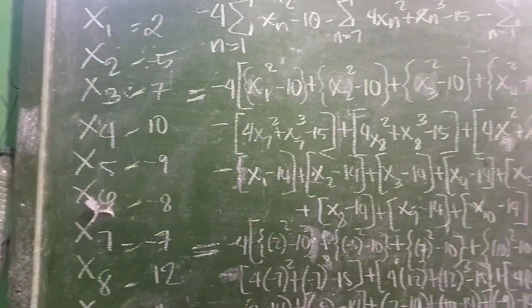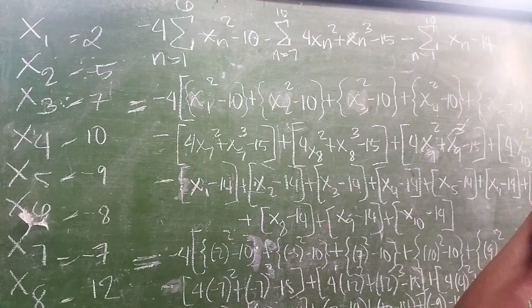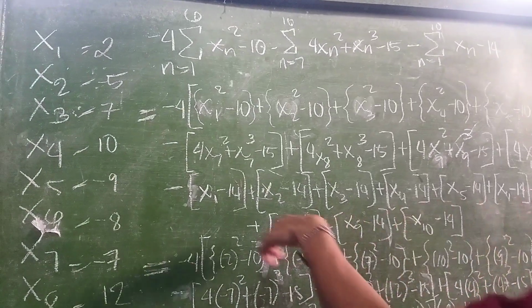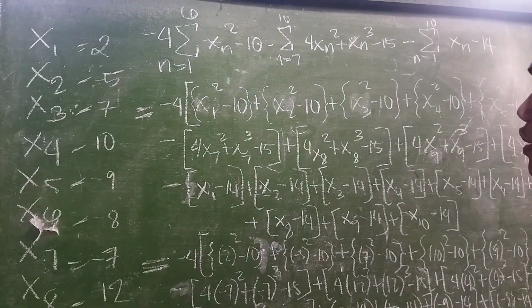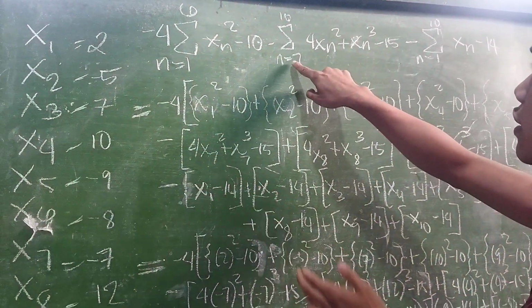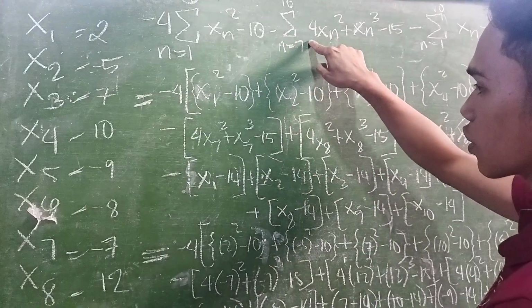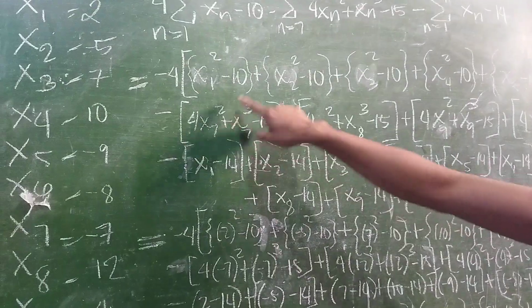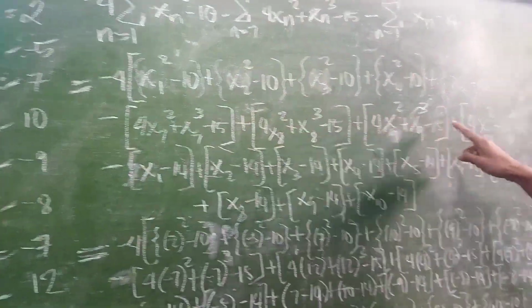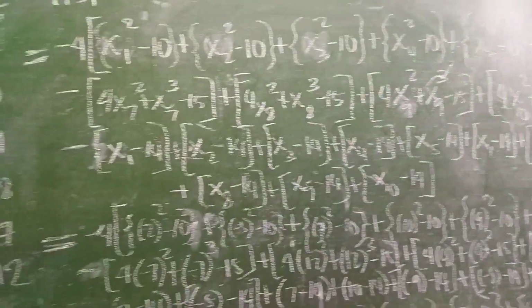Now we will proceed to the second summation. And you'll do the same thing as what we did in the first summation. And it will look like this. Since our n is equal to 7, the lower term is 7. Then our last term is 10. So here, 10. And we will read it here.